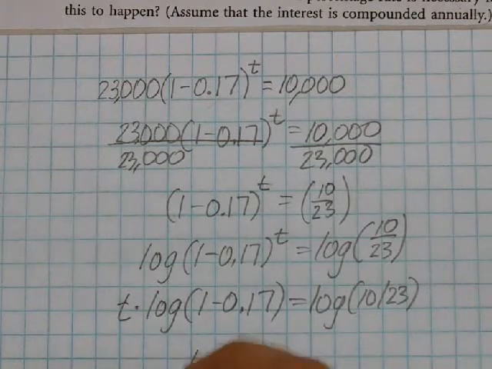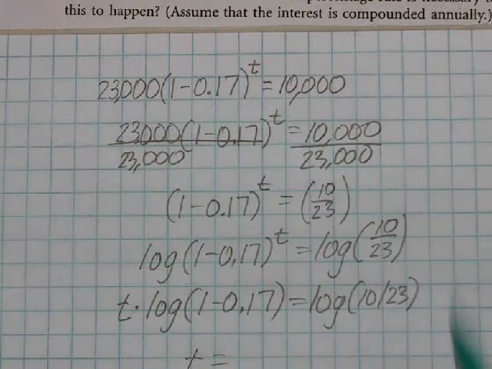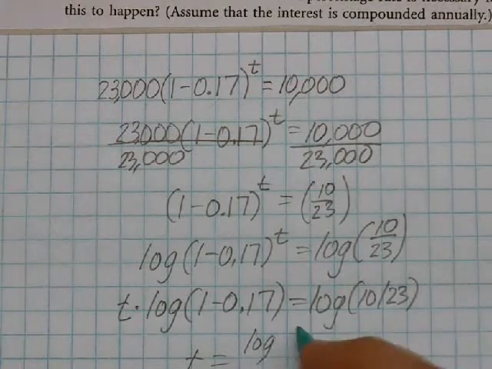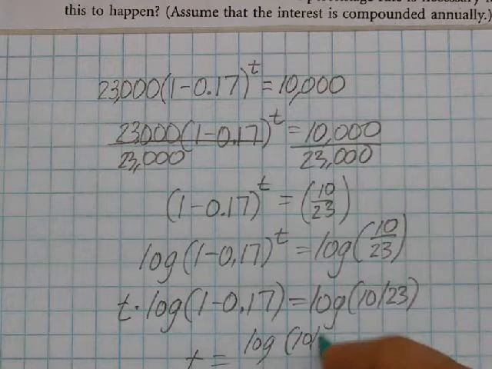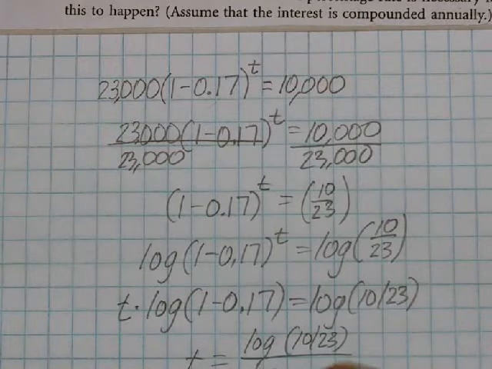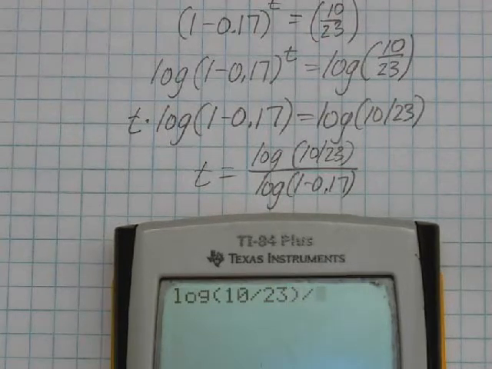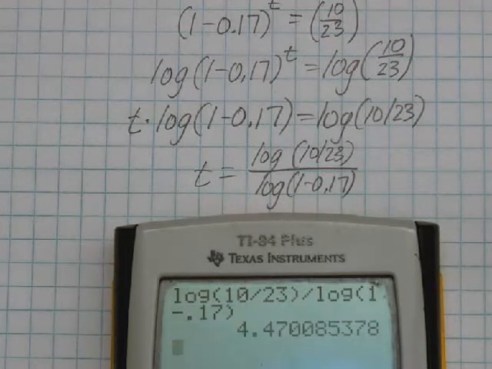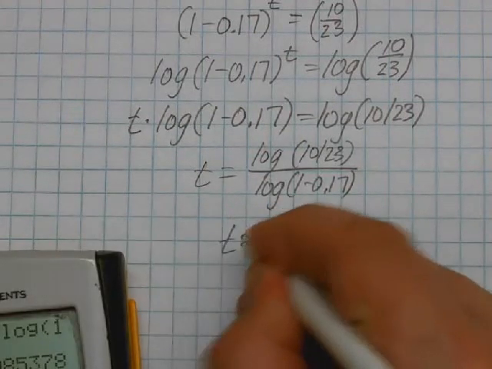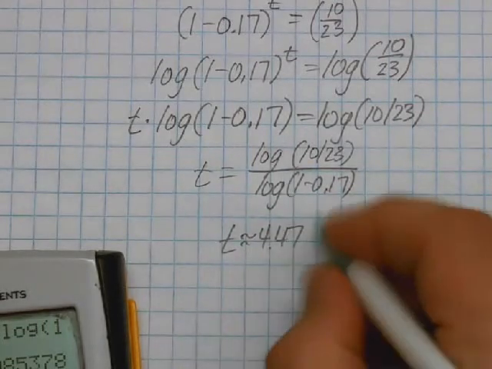So to solve, we'll go ahead and divide both sides by the log of 1 minus 0.17. So t is about 4.47 years.